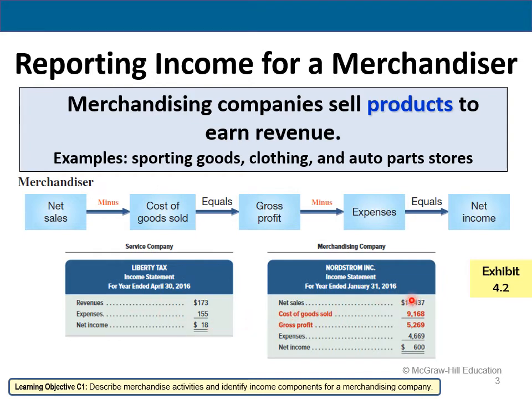Merchandiser company: net sales, cost of goods sold, giving you gross profit. You want to think of gross profit as an amount that's left over after you've covered your cost to make the sale, to cover operational expenses, and to provide for net income.